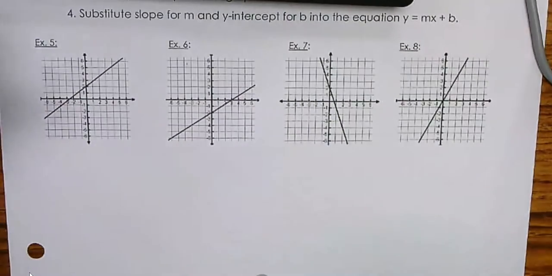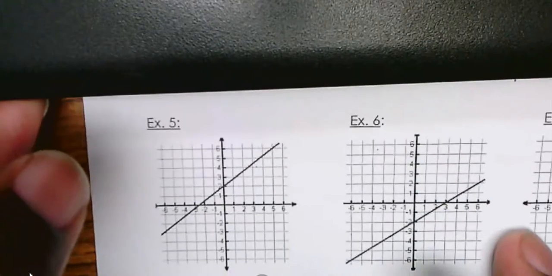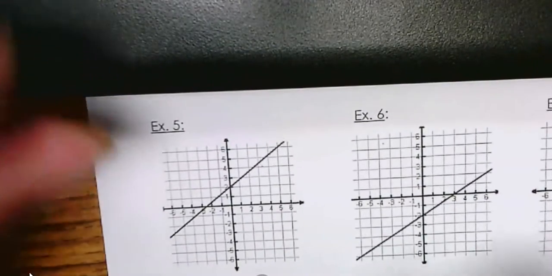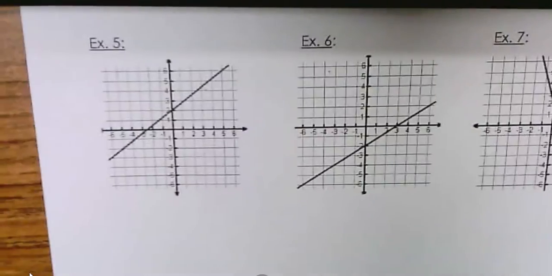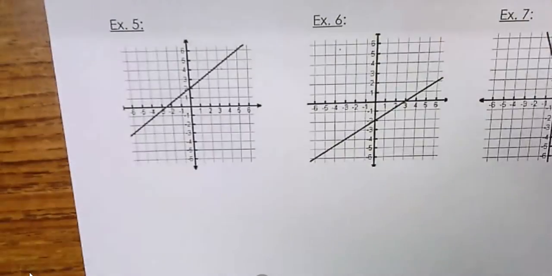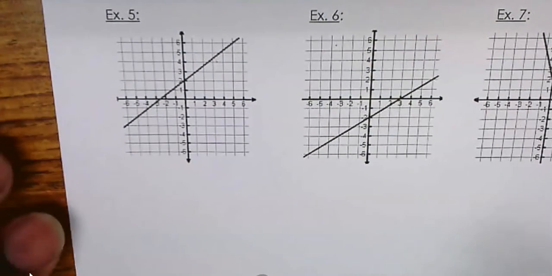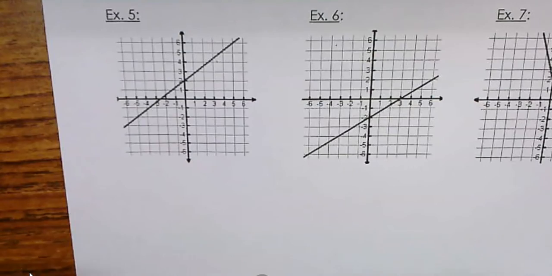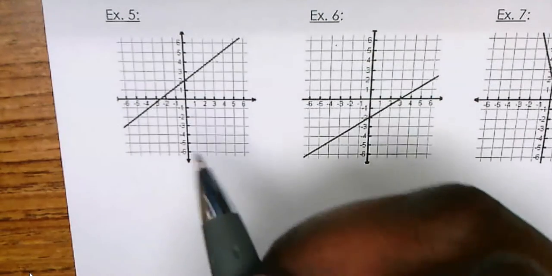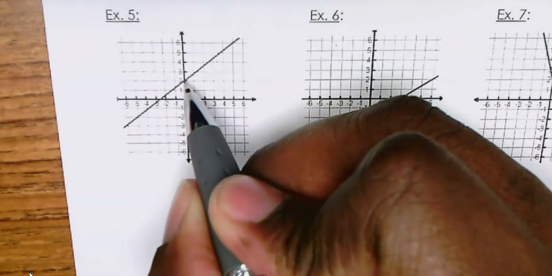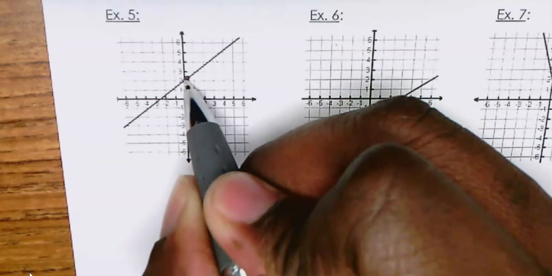Given this line, zoom in a bit. So given that line, if I want to find the equation for it, I will begin by looking at my y-intercept. That'd be the first thing I would find.